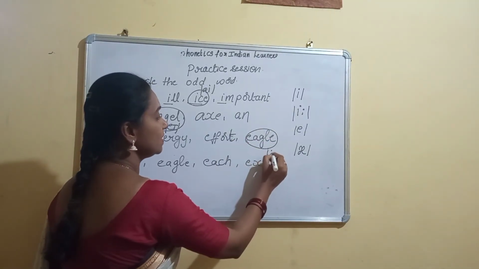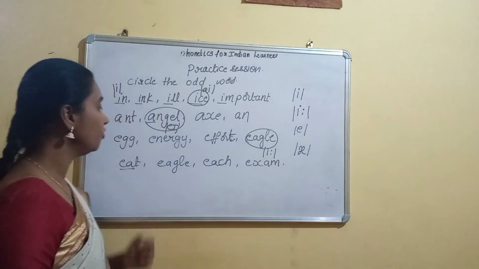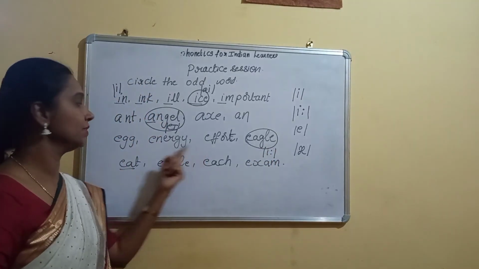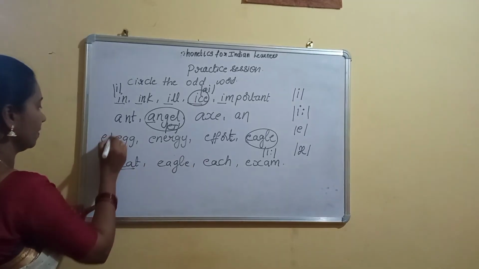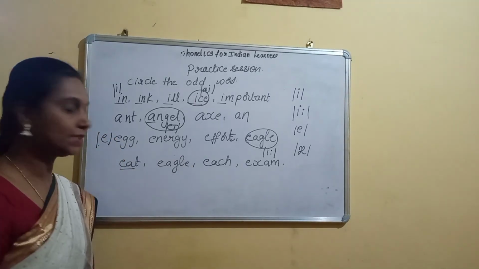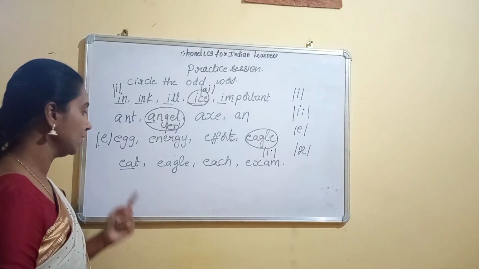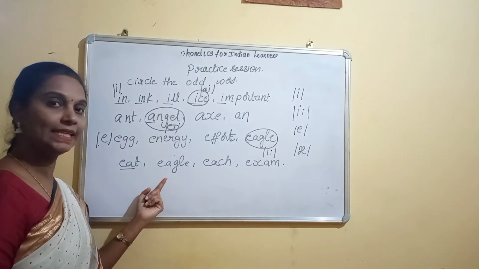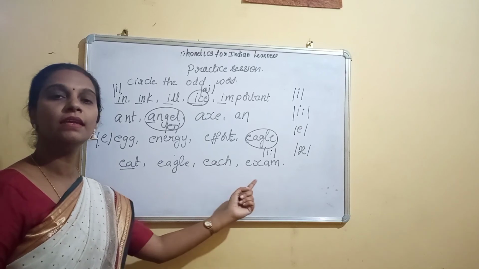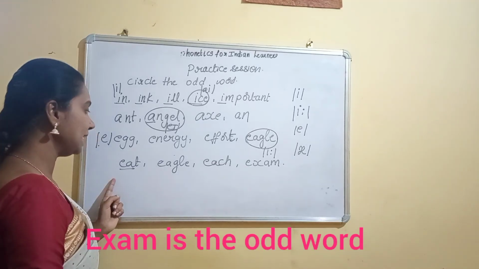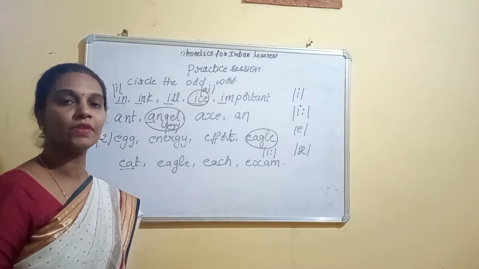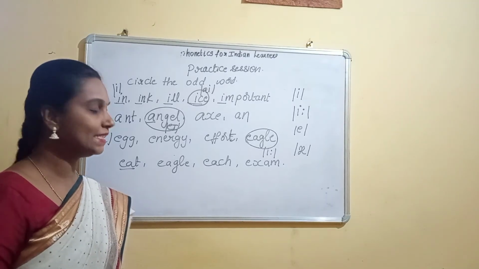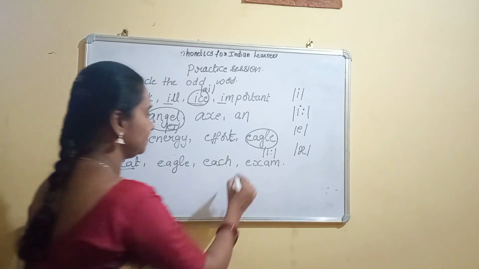Because here the sound is E, whereas in all the other words it begins with the sound A. Let's move to the last set of words. Eat, eagle, each, exam. So which is the odd word out? Yes, it is exam.